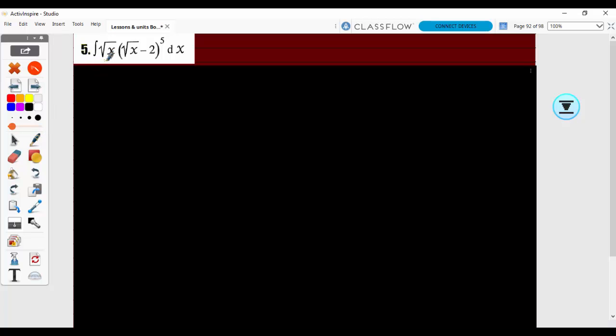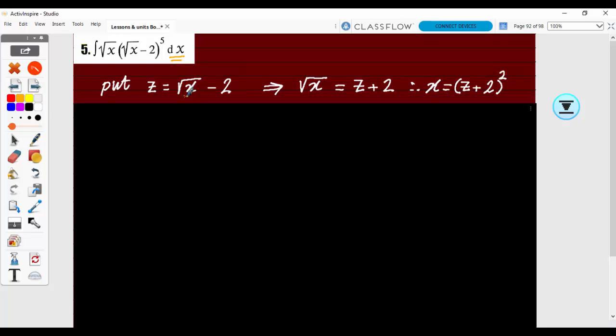Question number 5, integration of root x multiplied by (root x minus 2) all power 5 dx. So let root x minus 2 equals z, and from that, root x equals z plus 2.